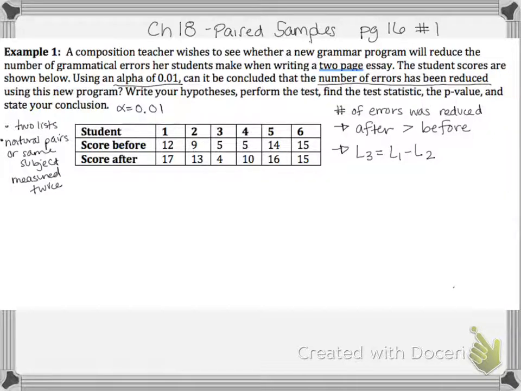So if we take before and subtract after, but after was always larger, then we will expect this difference to be negative. Okay? So let's say that again. If we subtract after from before, but after was always the bigger number to begin with, then our difference will always be negative. So I'm going to help set up these hypotheses because this is a new one, notation-wise.